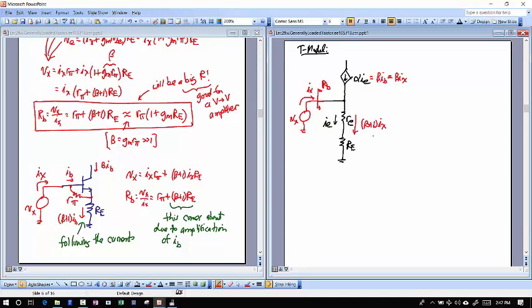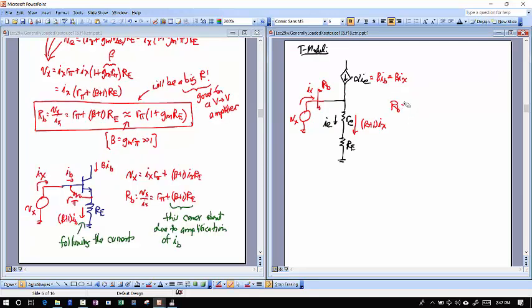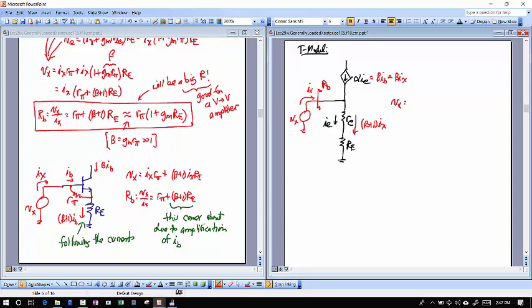And now this allows me to write RB, which is equal to Vx over Ix. Let me do this a little more slowly for you. Let me write out Vx. Vx is going to be equal to the voltage across this resistance, little RE plus big RE.